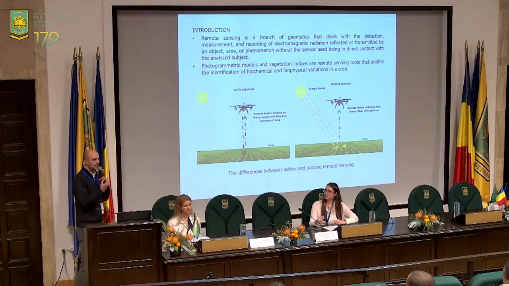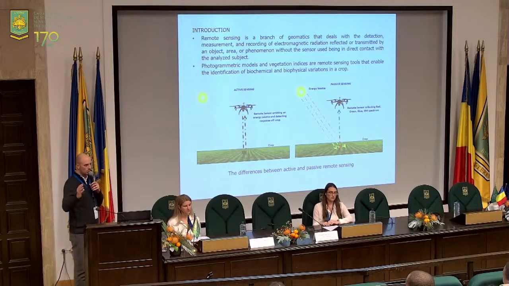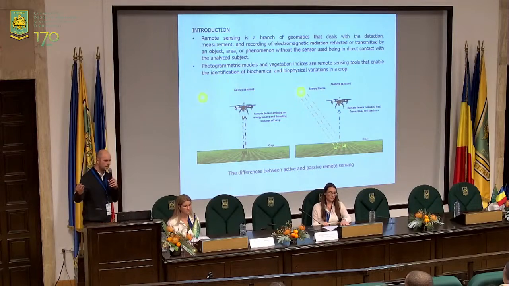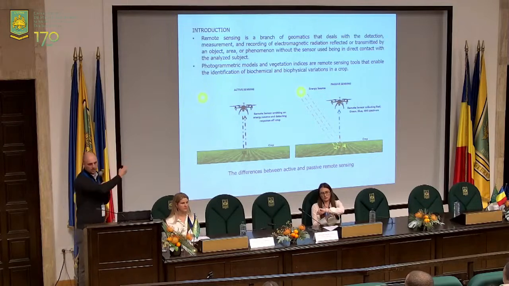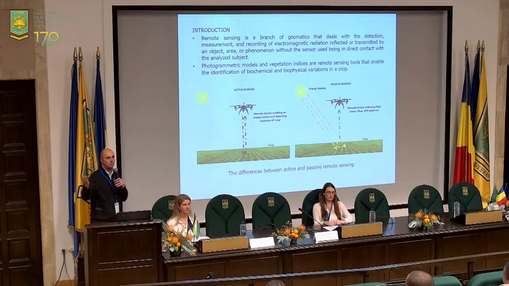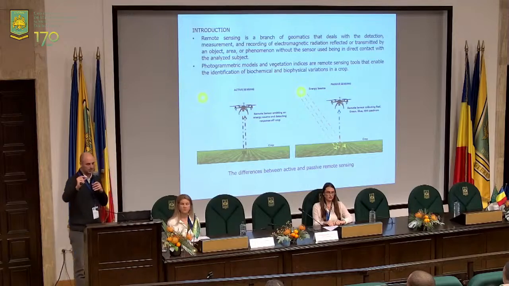The small difference is that the satellite's pixel, the ground sampling distance, is much bigger, around 5 meters per pixel. With a drone, I worked with 3 centimeters, so it's much smaller.